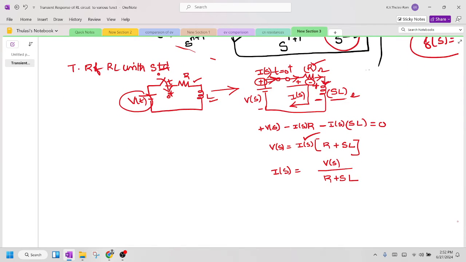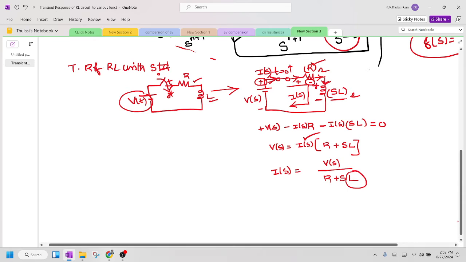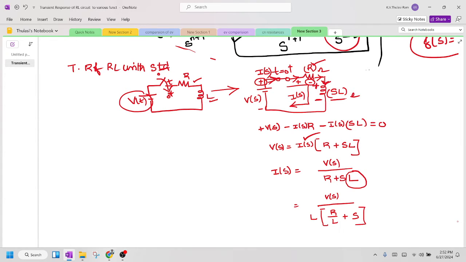But here the coefficient of S should be 1, so I have to take L as common. I write this as V of S divided by L times R by L plus S. This is how the equation resembles.